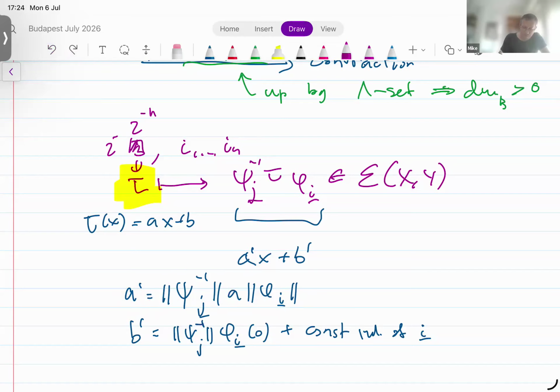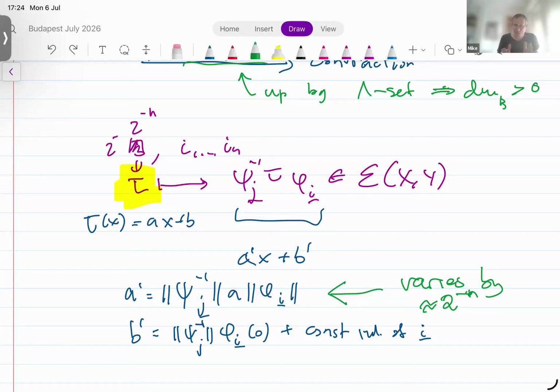So as a prime varies by 2 to the minus n, this product varies by more or less the same amount. So I haven't actually expanded the contraction ratio at all.